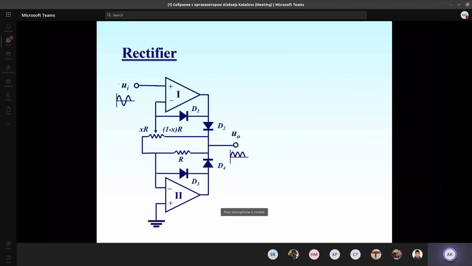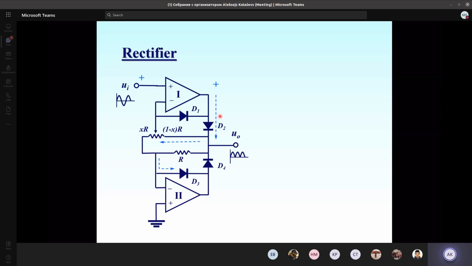So here's another example of a rectifier. It's a little bit more complicated. Discussing how this circuit works, we consider two cases. When we consider that a positive voltage is applied here, the diode D2 is forward biased and diode D1 is reverse biased, so it doesn't allow current to flow through.